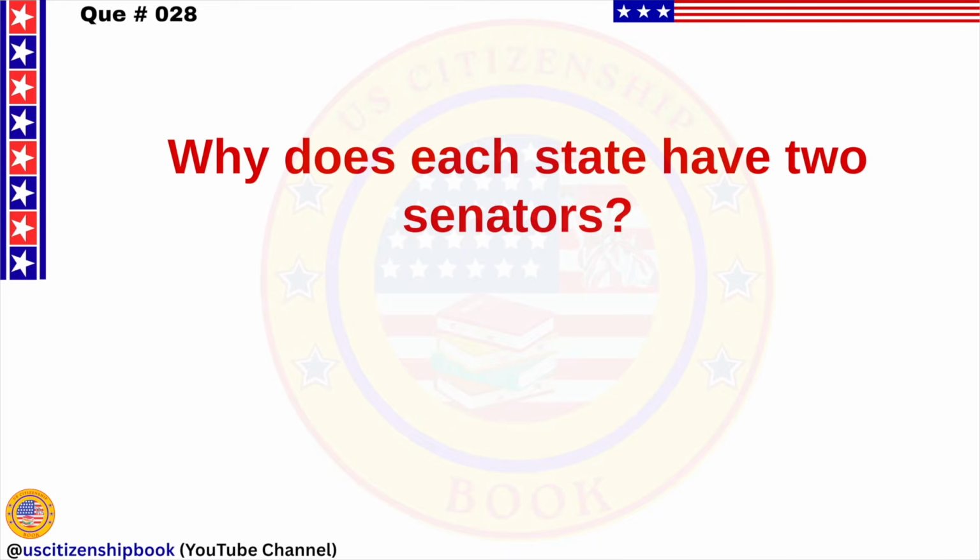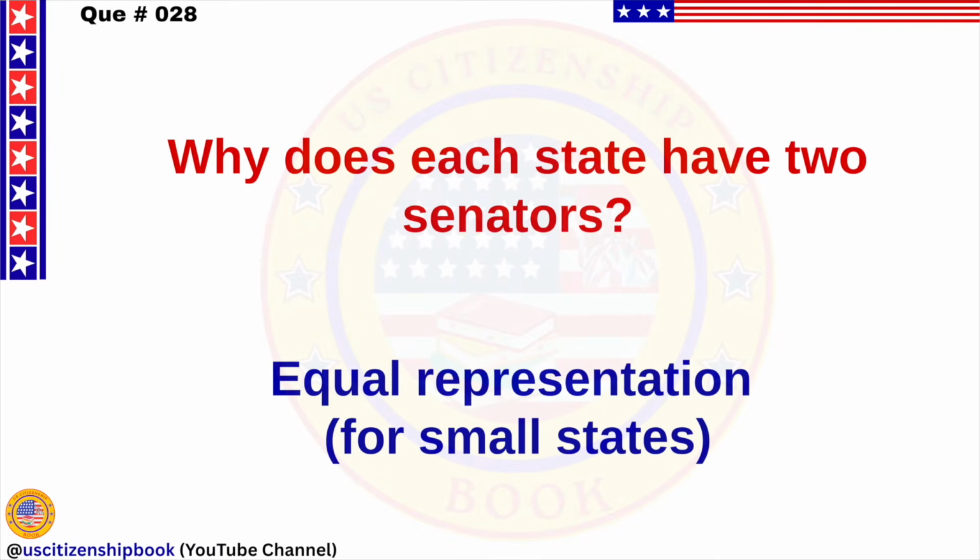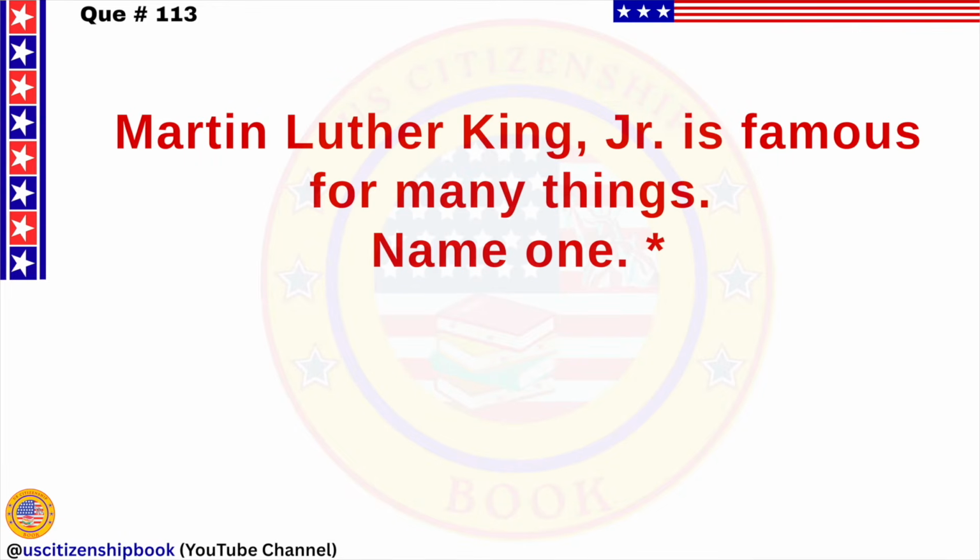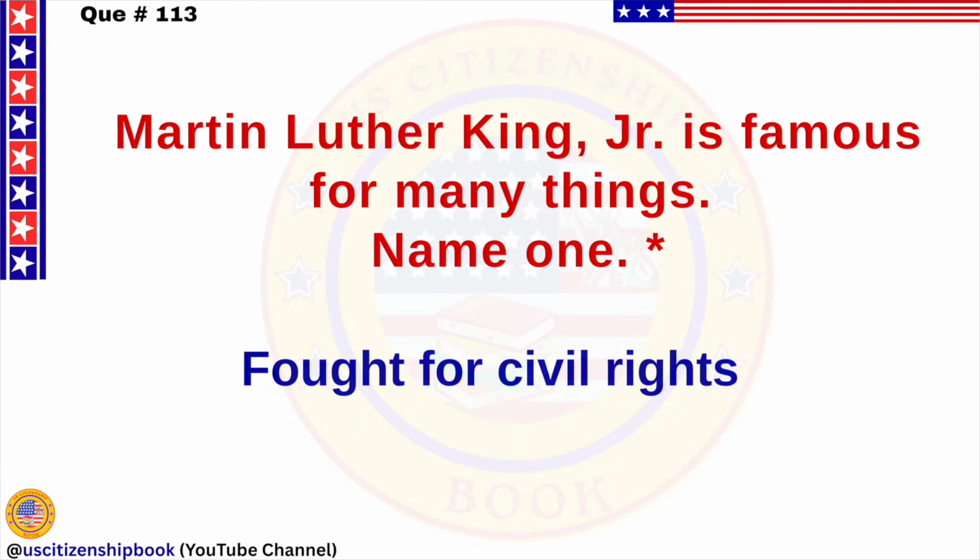Why does each state have 2 senators? Equal representation for small states. Martin Luther King Jr. is famous for many things. Name one. Fought for civil rights.